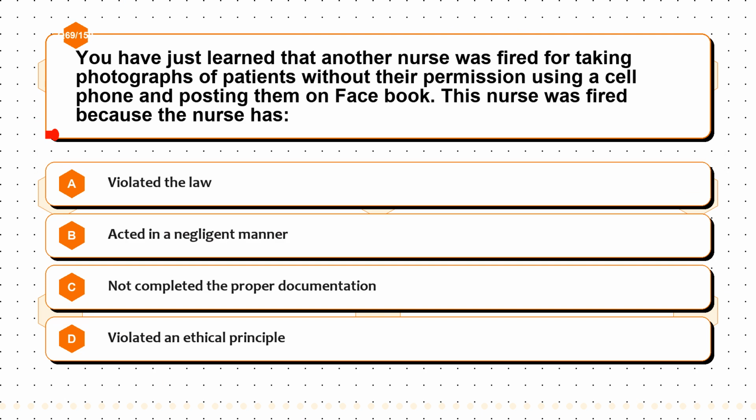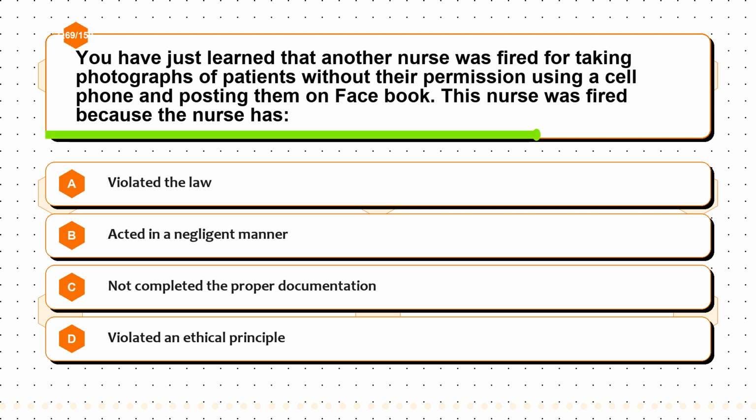Question 69. You have just learned that another nurse was fired for taking photographs of patients without their permission using a cell phone and posting them on Facebook. This nurse was fired because the nurse has, here are the options. Option A, violated the law. Option B, acted in a negligent manner.